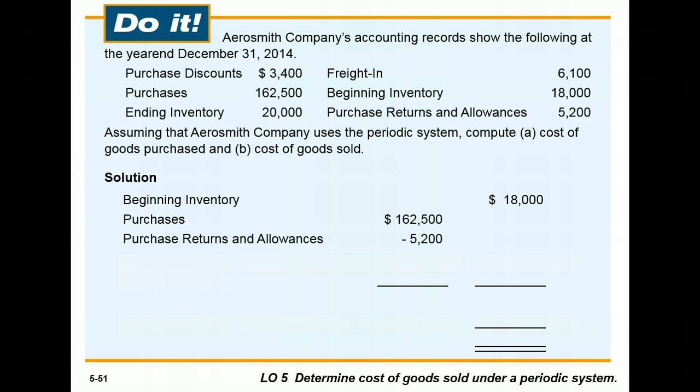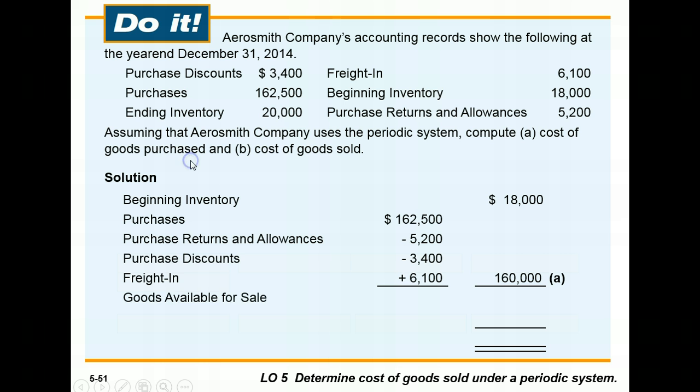Then we need to show our purchase returns and discounts along with our freight in, because that's a cost of our purchases, right? So 160,000 are the cost of goods we've purchased during the year, right? Then we show the beginning inventory along with all of our goods purchased.